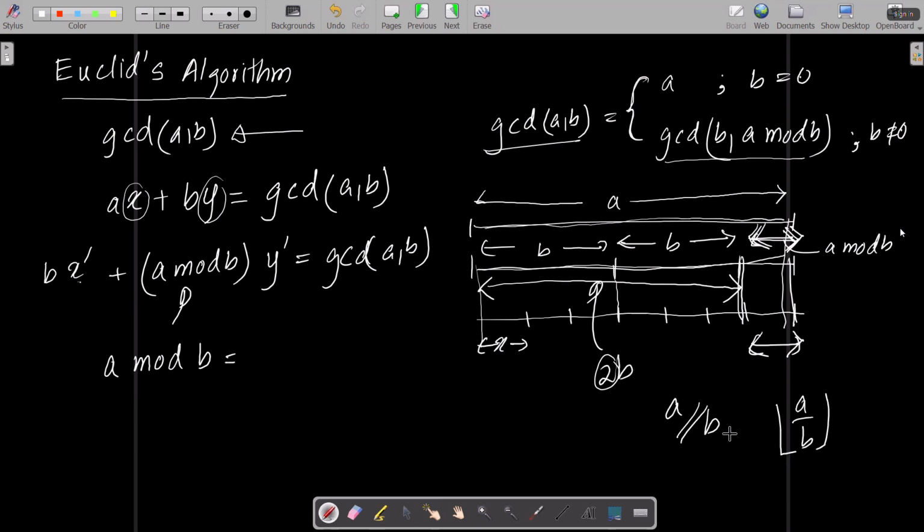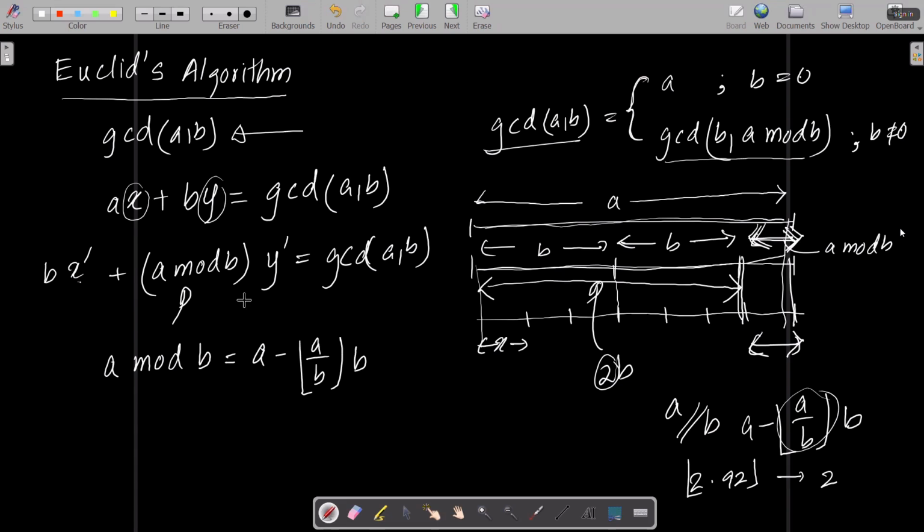This is, if we have a decimal, you only take the integer. You have something like this. If we take the floor value, you will have 2. So this is 2. Now for this case, this is 2. If we multiply it by 2 and subtract from A, we will have A mod B. We have something like this.